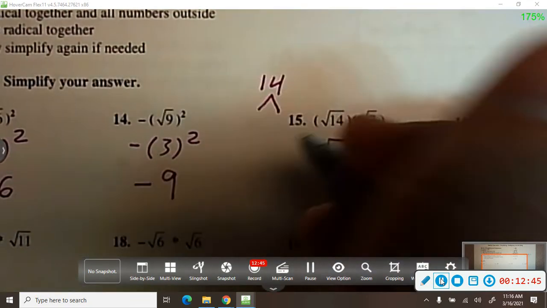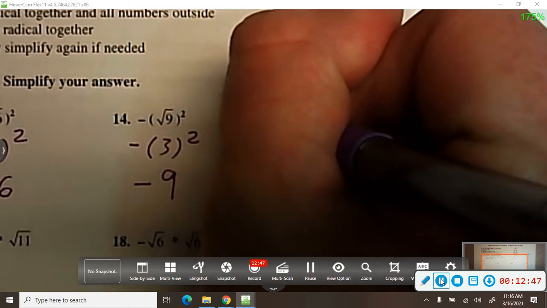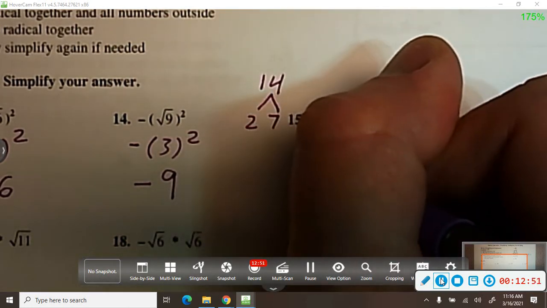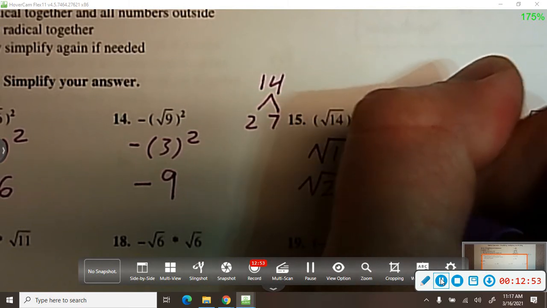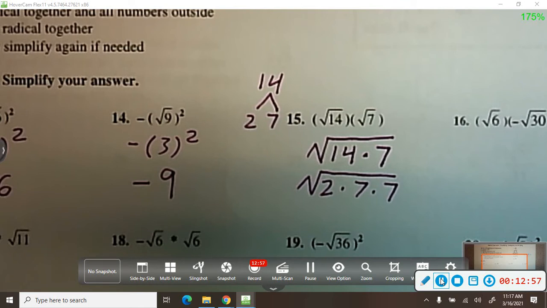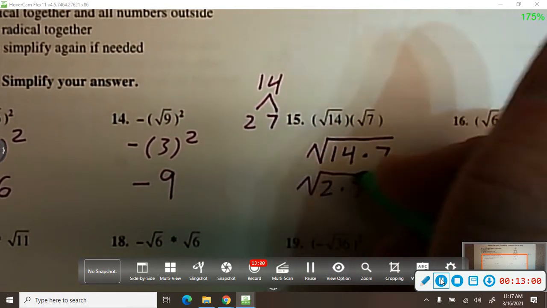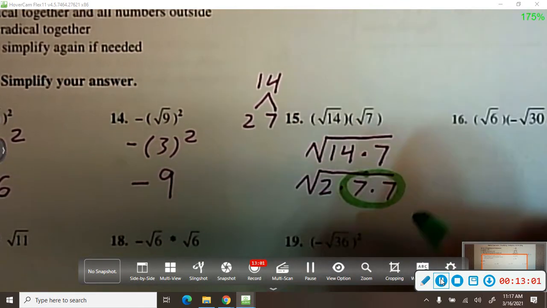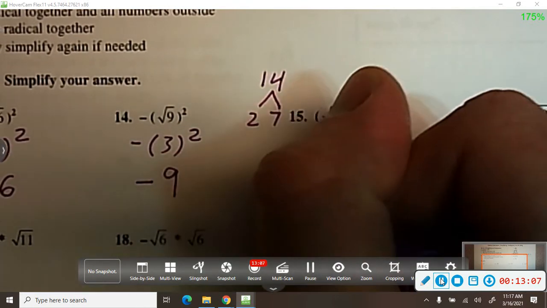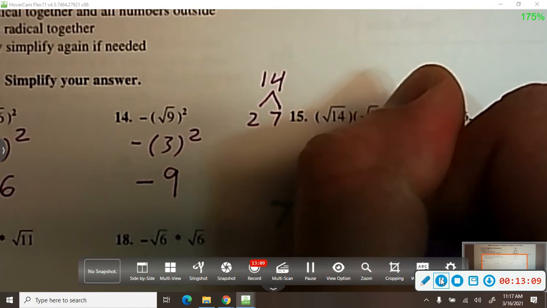Actually, it does. 2 times 7. So 14 is 2 times 7. And then you have a pair, which is 7. So the 7 comes out. 2 does not have a pair, so it stays inside. That's the radicand.